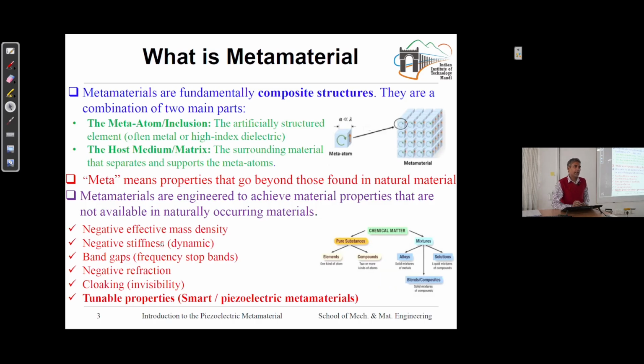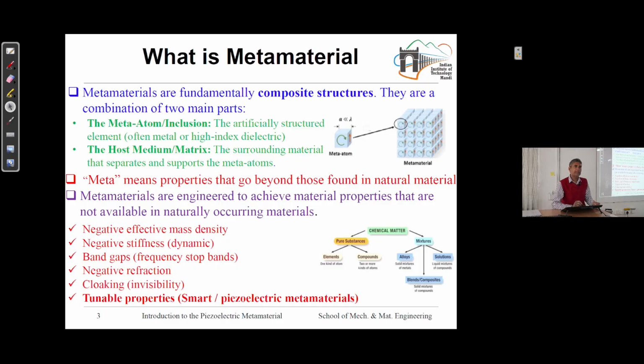Suppose we want to have negative density. Actually, density cannot be negative. If you have a material, you must have some density, but this can be possible in the case of metamaterial. Similarly, negative stiffness: we cannot have negative stiffness in usual or natural materials, but we can have it in metamaterials.